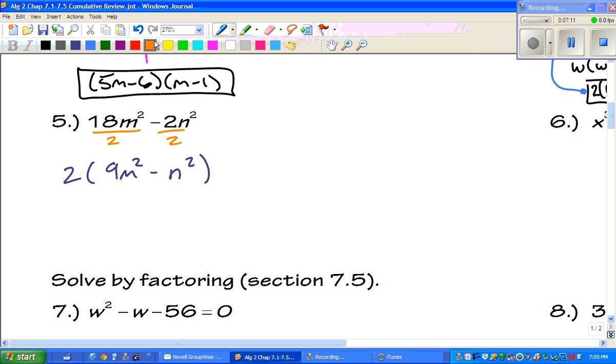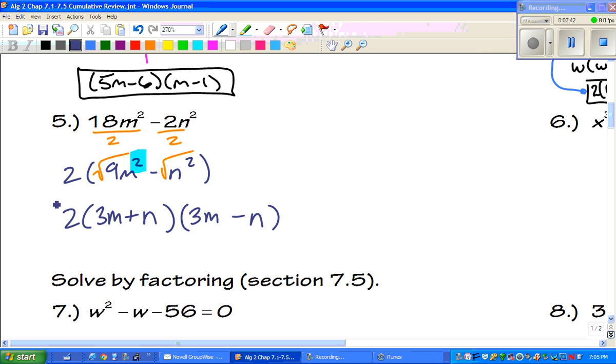Now, it's a quadratic binomial, and it's the difference of 2 squares, okay? The key thing here, guys, is to make sure you're looking at your exponents. Difference of 2 squares, one's a plus, one's a minus. The square root of 9 is 3. The square root of m squared is m, and the square root of n squared is n. And then that's as far as we can go.